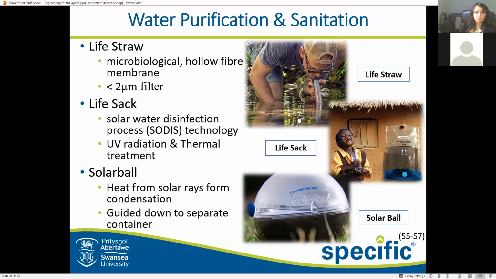This ball is capable, apparently, of producing up to 3 litres of drinkable water per day, which is really impressive. And if we were to finish off our filters, we would use a very similar technique, which I will show you later. Or you can simply, once it's had all the stuff filtered out of it, boil the water, which will also remove a lot of contaminants.